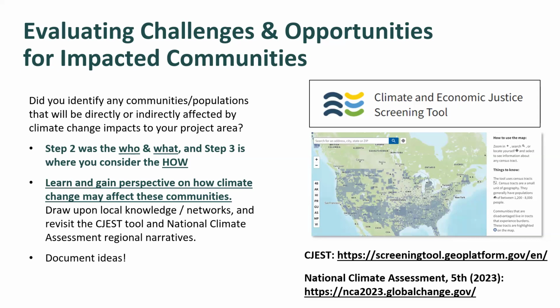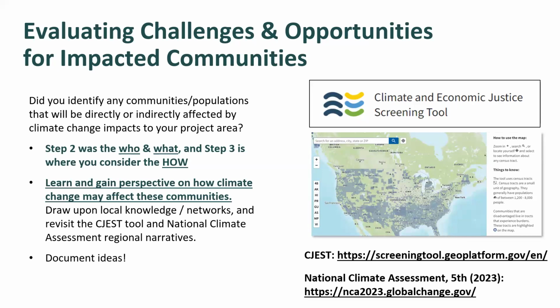You can also use the Climate and Economic Justice screening tool, which has an interactive map and uses data sets that are indicators of burden over 8 categories that include climate change, energy, health, housing, legacy, pollution, transportation, water and wastewater, and workforce development.